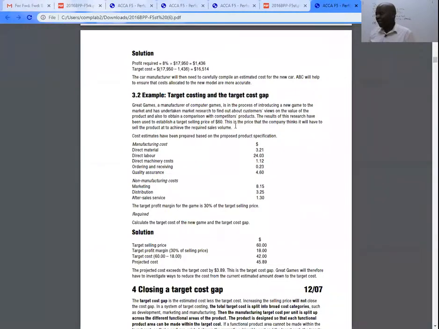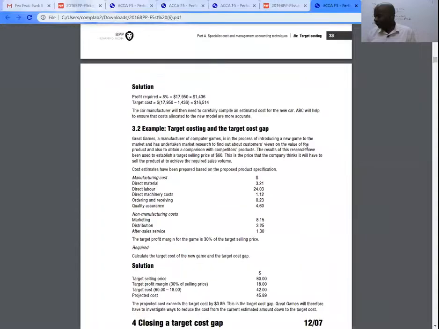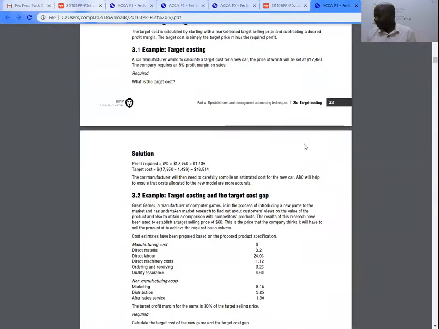So required, they want us to calculate the target cost of the new game and the target cost gap. So I hide the solution a little bit and request you to identify the targeted cost in whichever way you understood our methodology of getting the target cost gap.